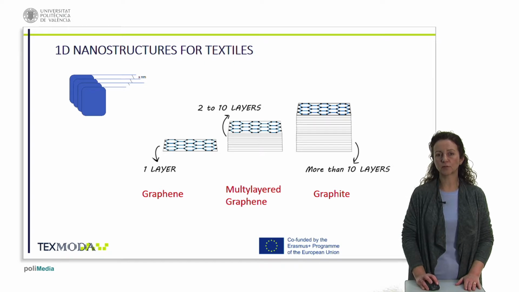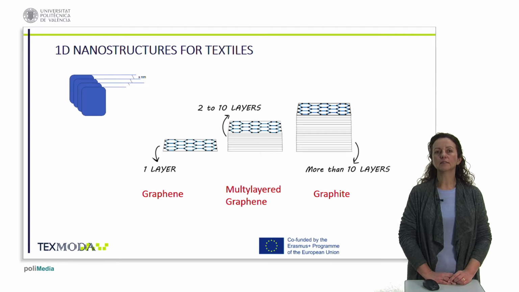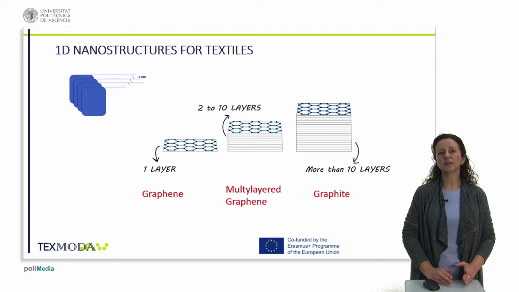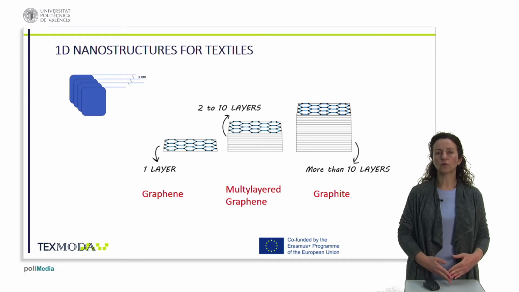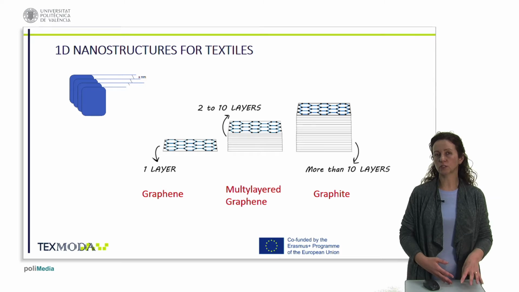In this slide, we can observe the structure of the carbon on the layer, and depending on the authors, we find different classifications. For example, one layer is commonly known as graphene.